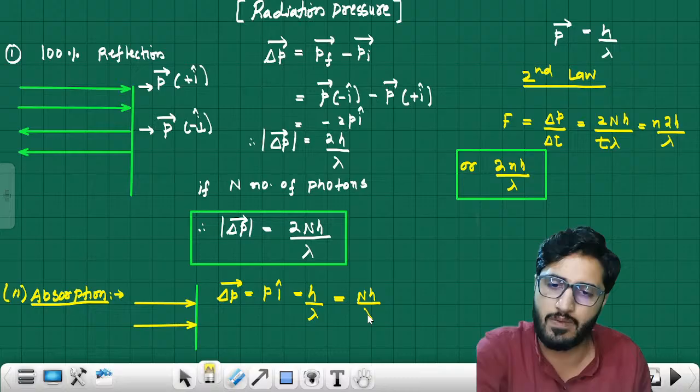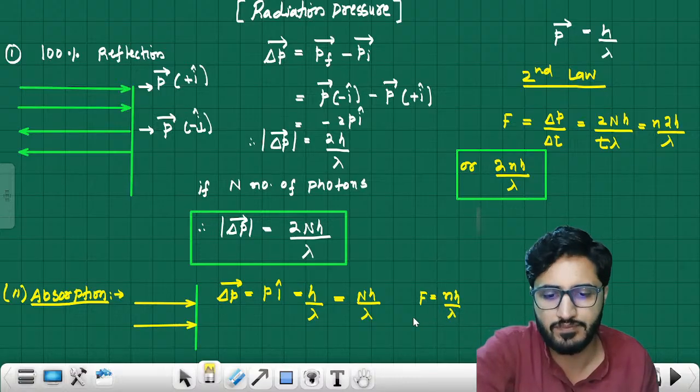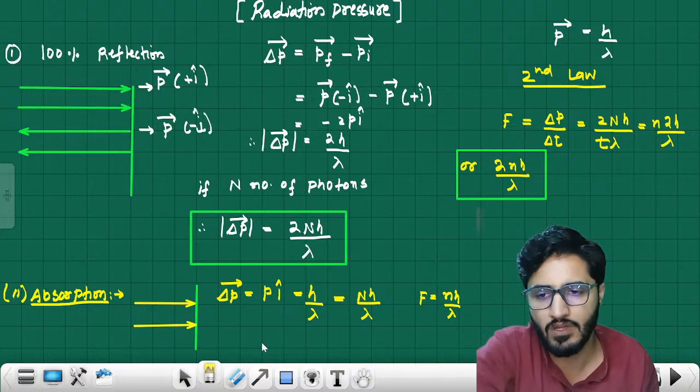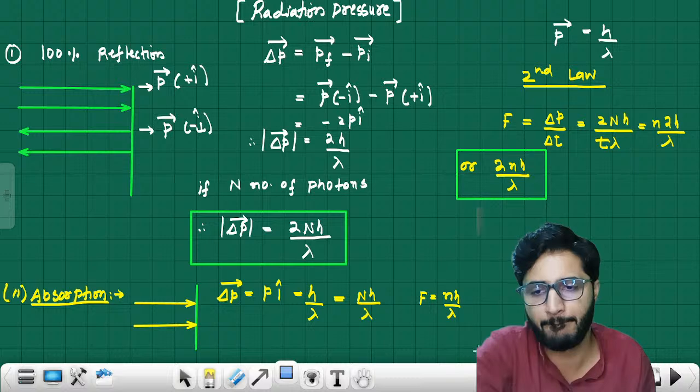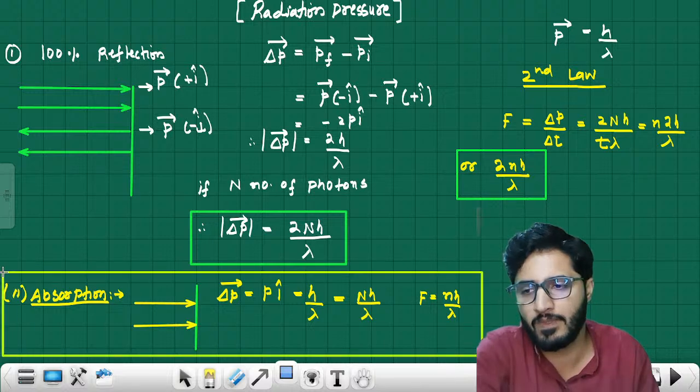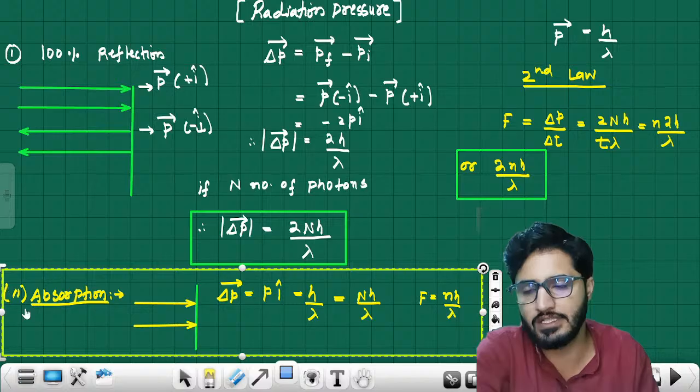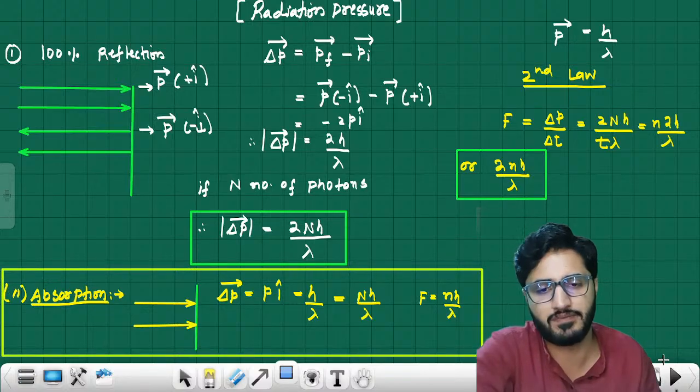If we want to write force, so force is equal to small n h by lambda. Done. So we are done with this case, absorption and reflection.